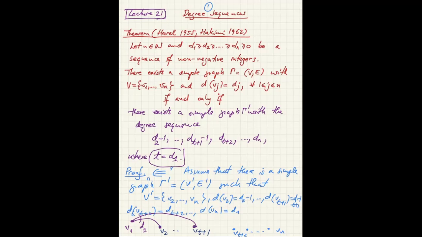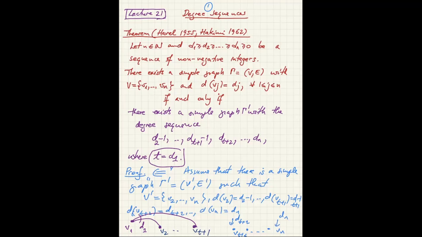And the degrees of the other vertices don't change, so these degrees stay dt plus 2 up to dn. And since gamma prime was a simple graph, and we added a new vertex and edges between this new vertex and previously existing vertices, we didn't create any loops or multiple edges. So this new graph will be a simple graph, and we are done.